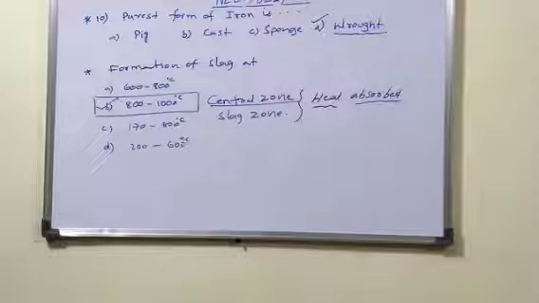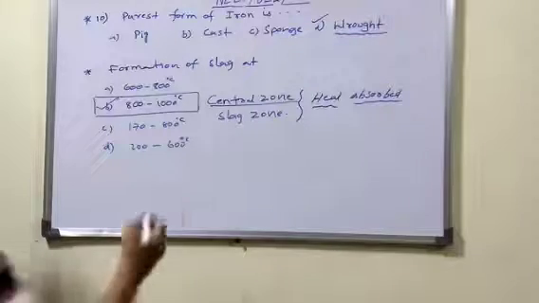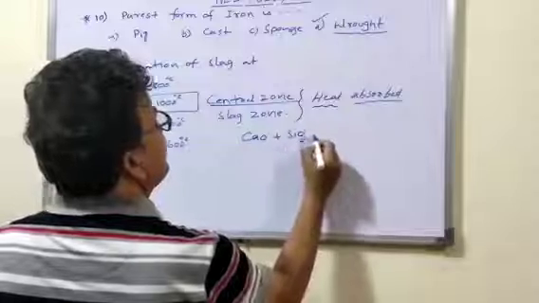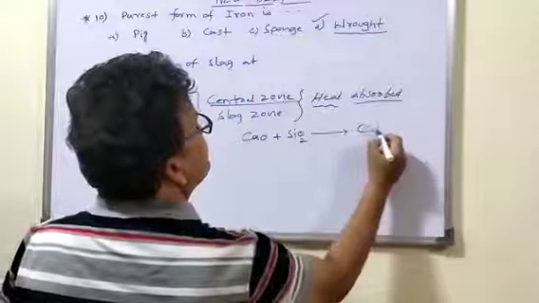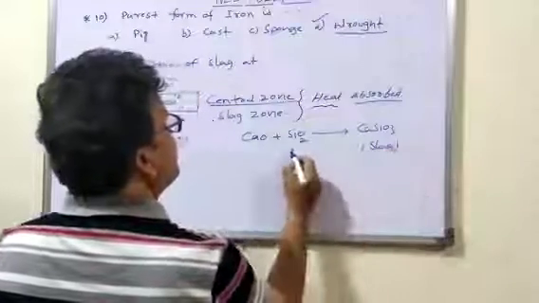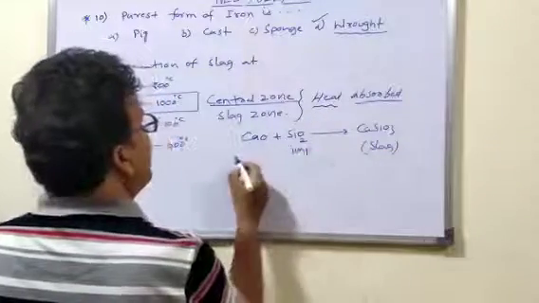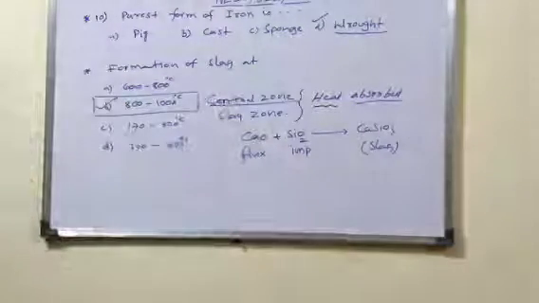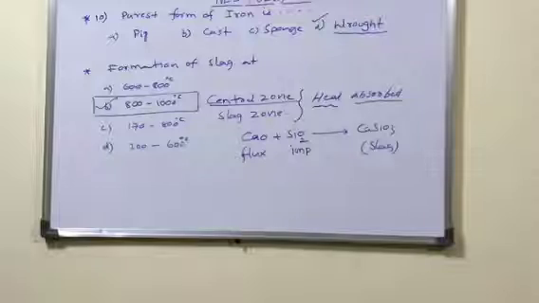Here slag is formed: CaO, the flux, reacts with impurities. I told that already. This is slag, calcium silicate. This is impurities and this is flux. This happens in the central zone or slag zone. So this is one of the important questions we have here. Clear?